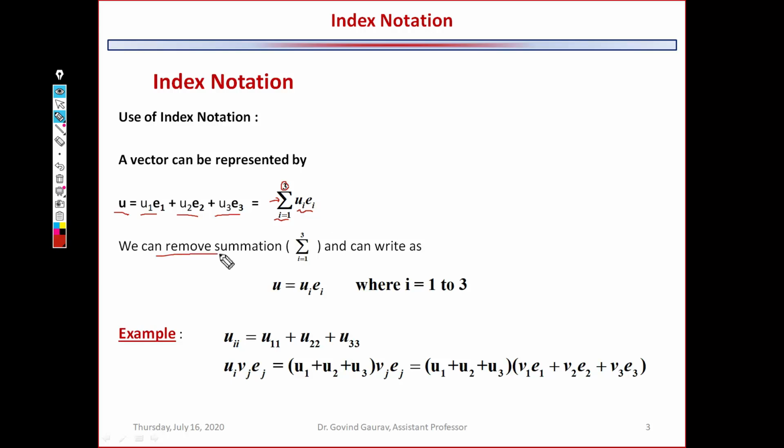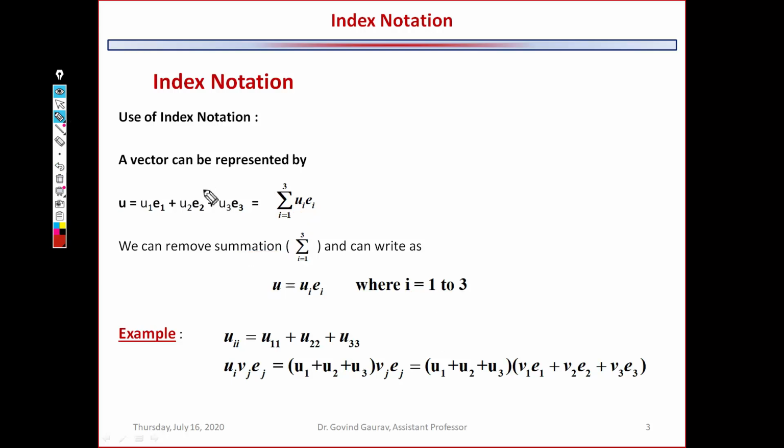If we are interested in removing this summation, we need not write this entire expression. Then how can we write it? We can simply write u is equal to u subscript i, e subscript i. In that case we need to give the range of i. So here the range of i would be 1 to 3, so i can take the values 1, 2 and 3.